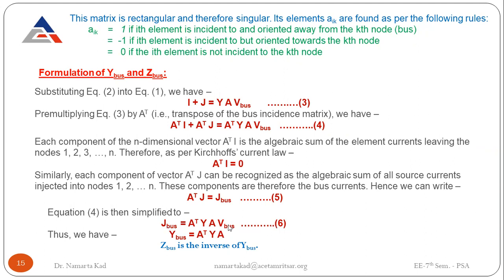Just put J bus is equal to Y bus into V bus, and the V bus cancels on both sides. So we are left with Y bus is equal to A transpose Y A. Now we have to verify this final derivation that we concluded on the board.